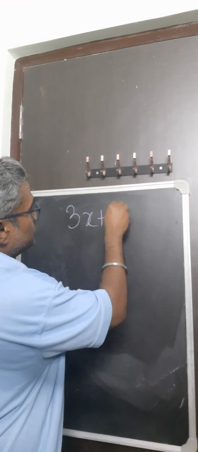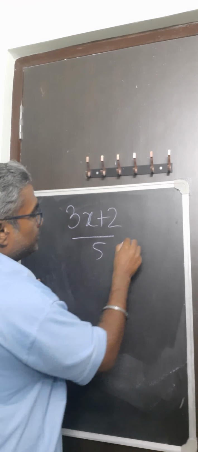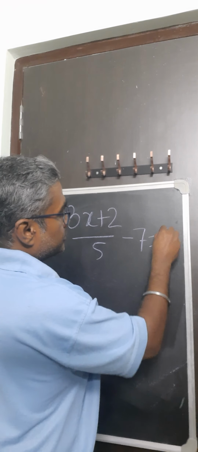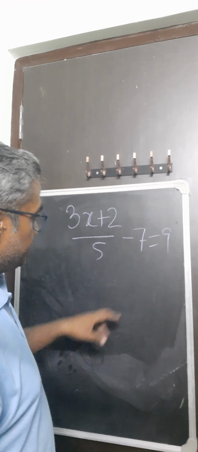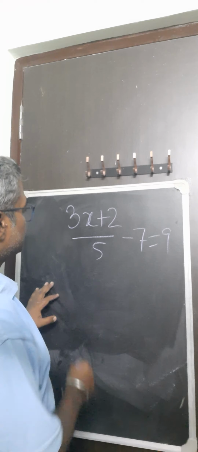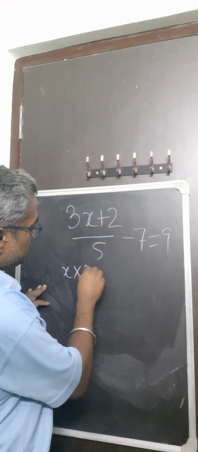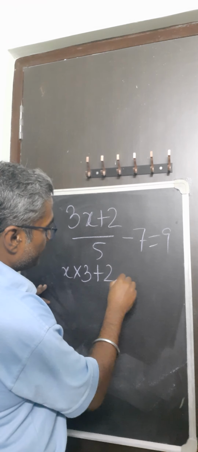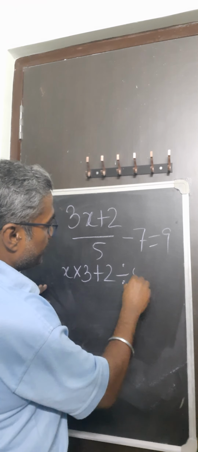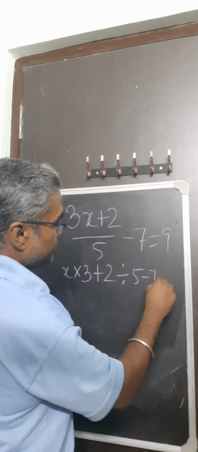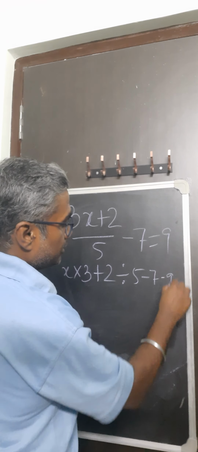So I will show you some more examples to clarify further. Let's say I am taking 3x plus 2 divided by 5 minus 7, that is giving 9 as the answer. So how will I write it? I will write x multiplication 3 plus 2 divided by 5 minus 7. I will bring the 9 here and equal to 0.